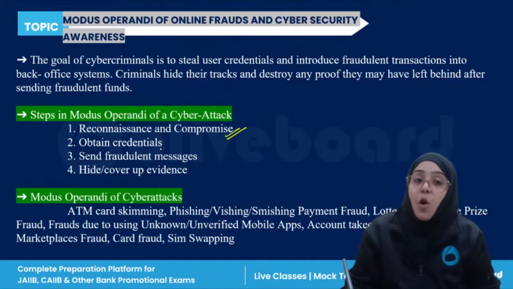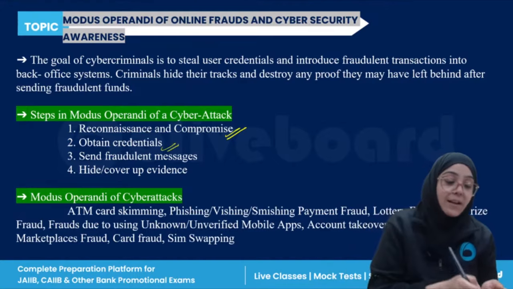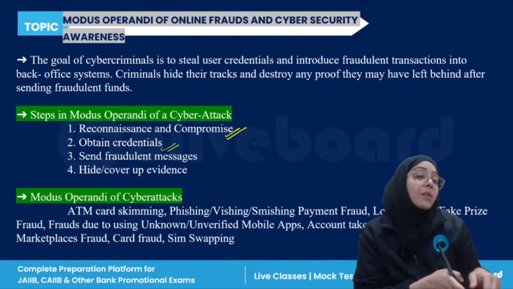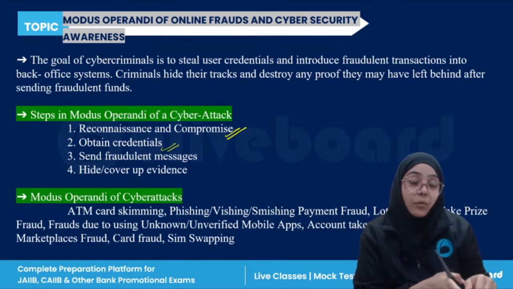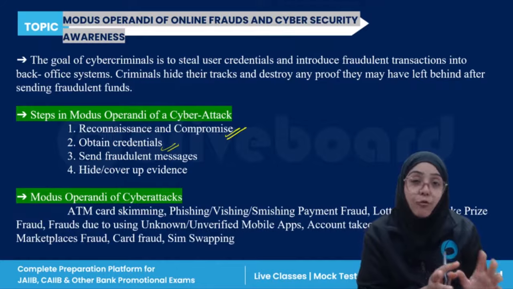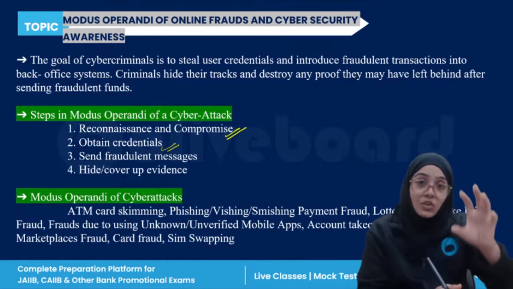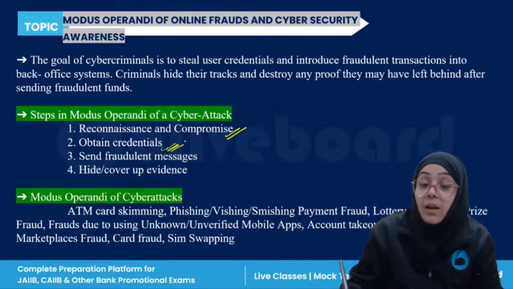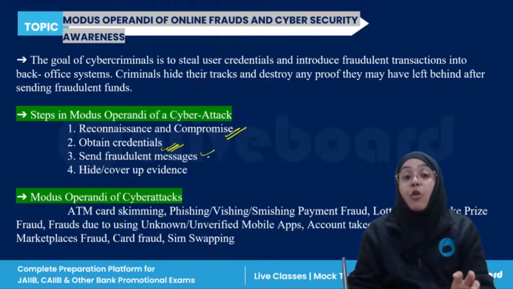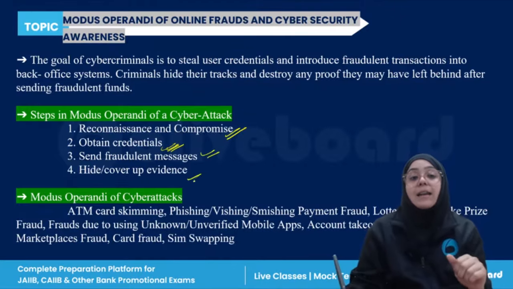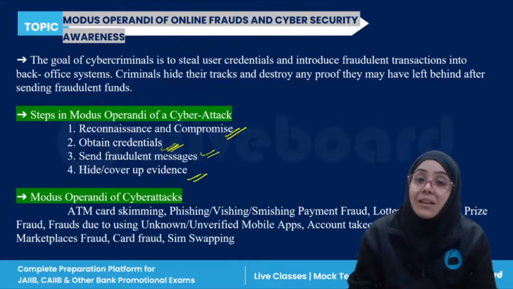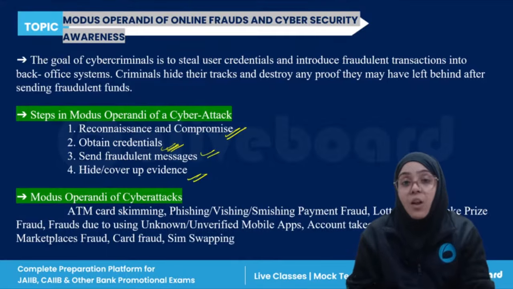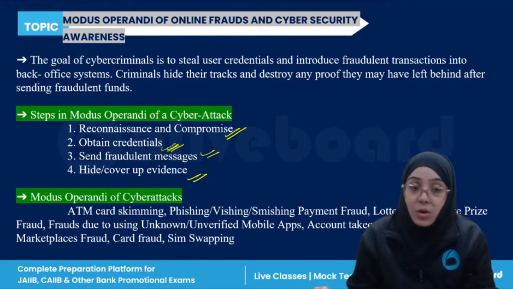They find the area which is vulnerable, risky, where a fraud can happen. Second, they obtain the credentials for that. Then they send you the fraudulent message, and then they hide and cover up the incident. So these are all the steps involved in the modus operandi model, right?